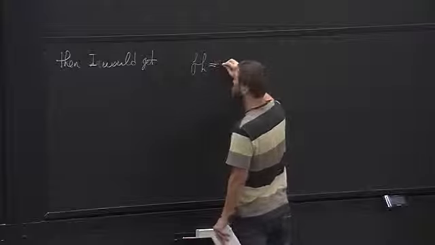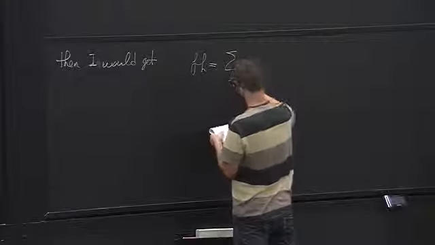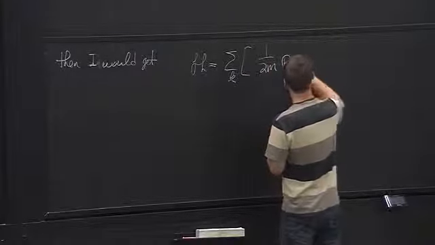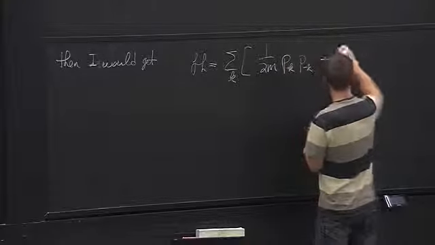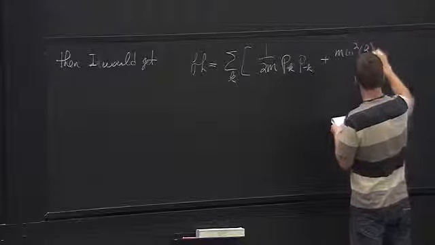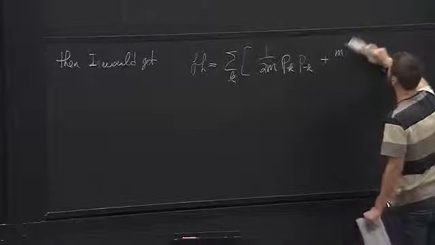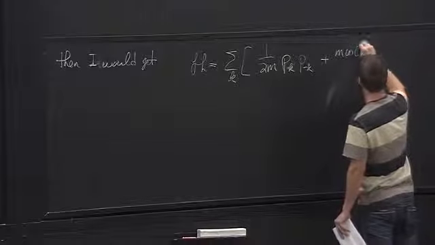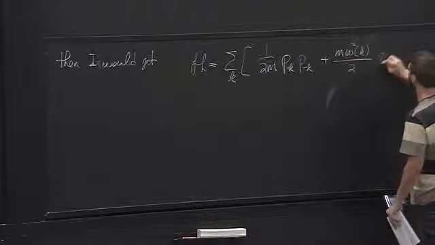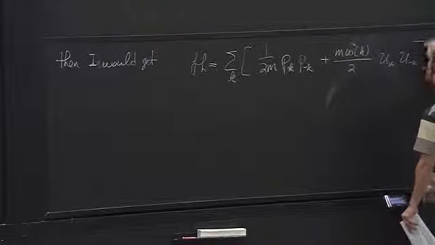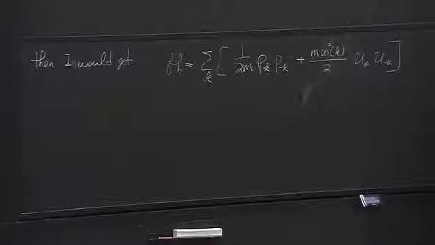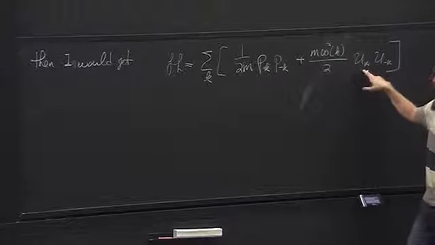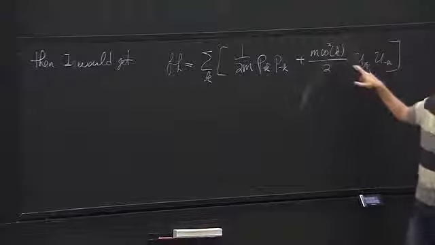So my Hamiltonian would be transformed to a sum over K space, 1 over 2m, where I've been careful to label now my coefficient of my K-space U operator with a frequency dependence.